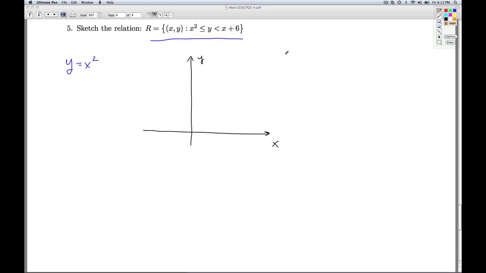We haven't moved it around at all. That means we have the vertex at (0, 0).